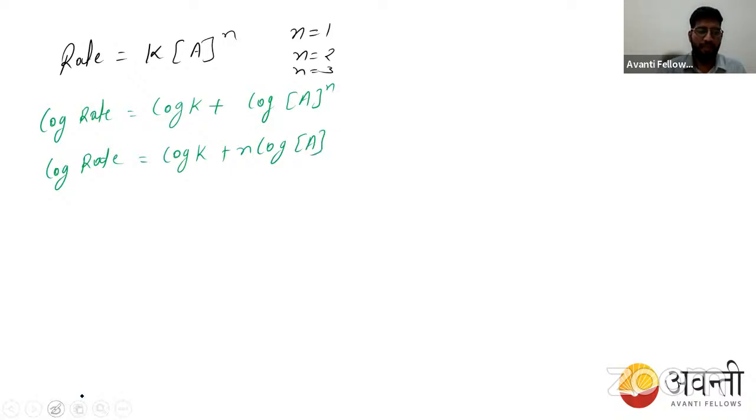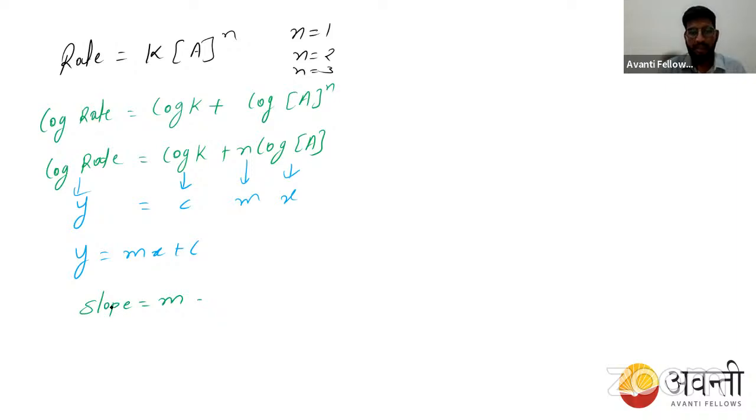So I can say this is my Y, this is my M, this is my X, and this is my C. So I can put it as Y is equal to MX plus C. Here my slope M is equal to N. N is nothing but the order of the reaction.